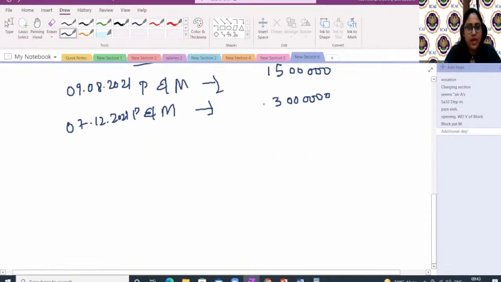Now, if I go by our concept of understanding, at first normal depreciation would be charged. On this it is at 15% and on this at 7.5%.